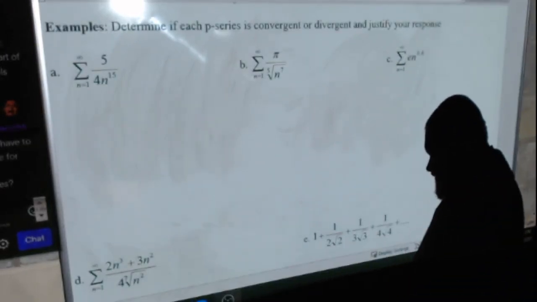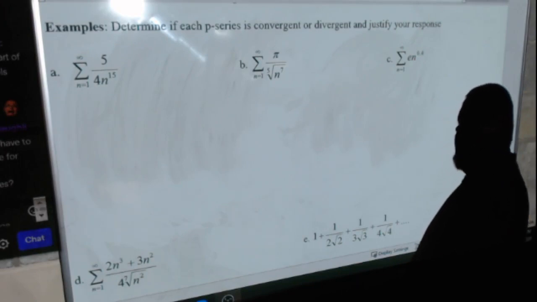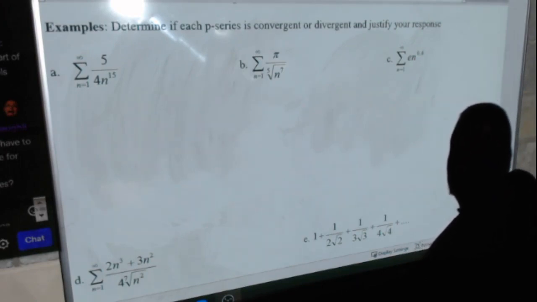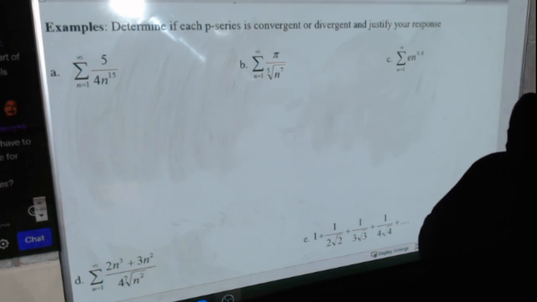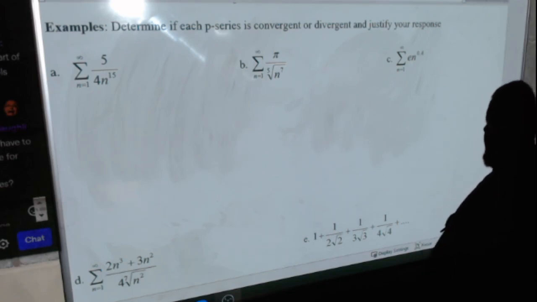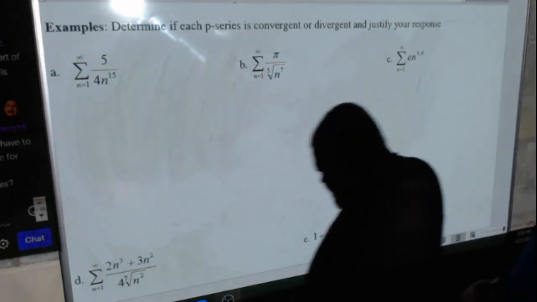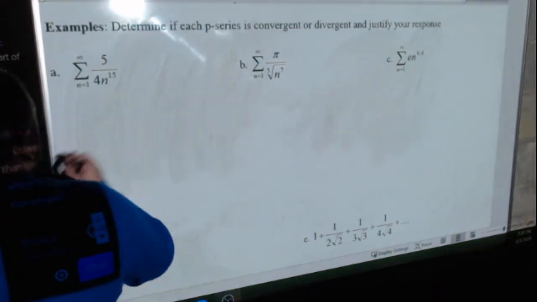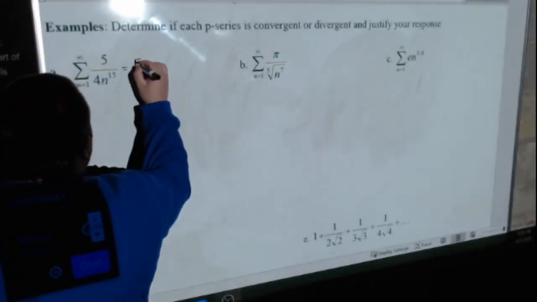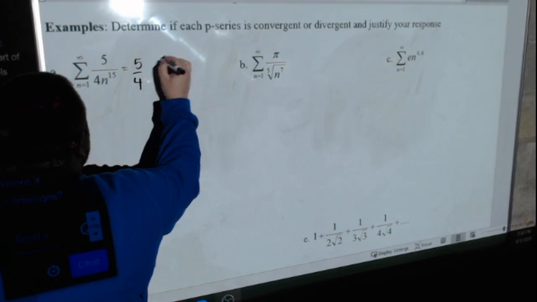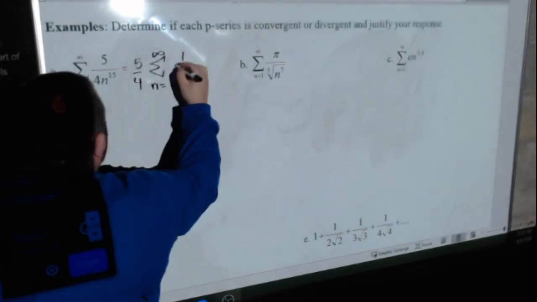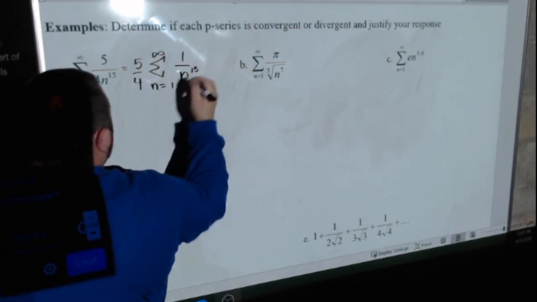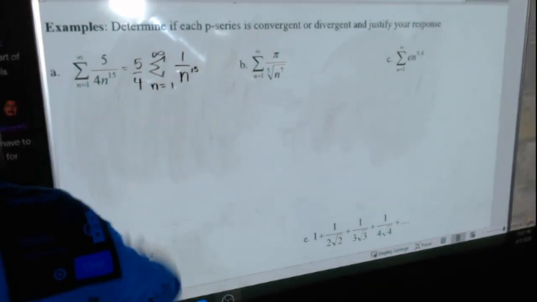So determine if each p series is convergent or divergent and justify your answer. Let's go ahead and do these. Remember, I need something that's 1 over n to a power. This first one's real simple. I can just pull that 5/4 right outside the sum, because it has nothing to do with the index n.